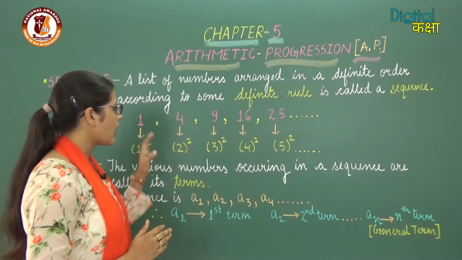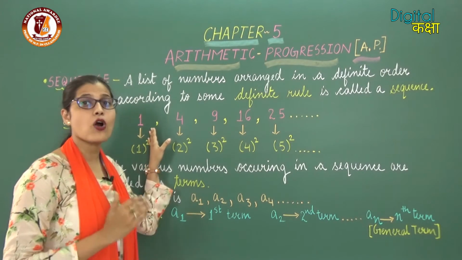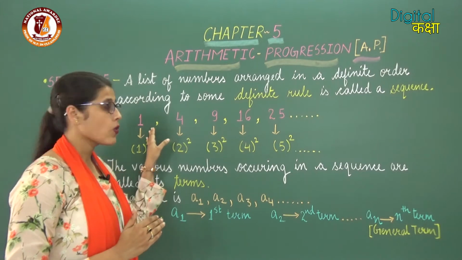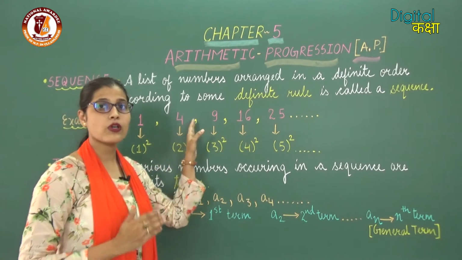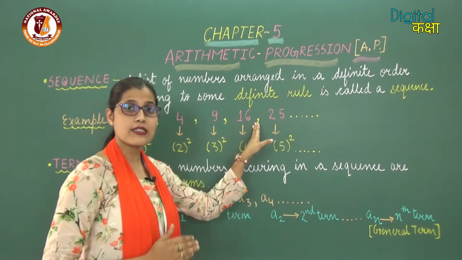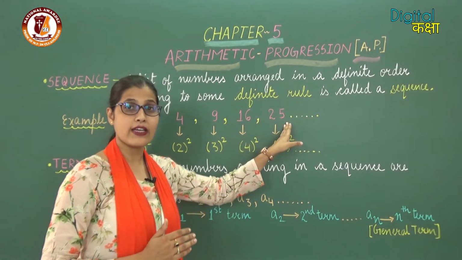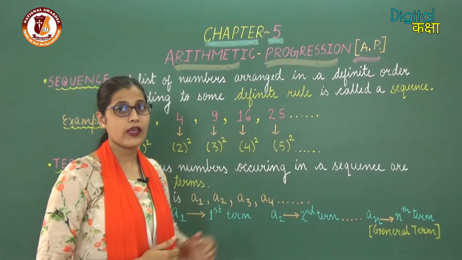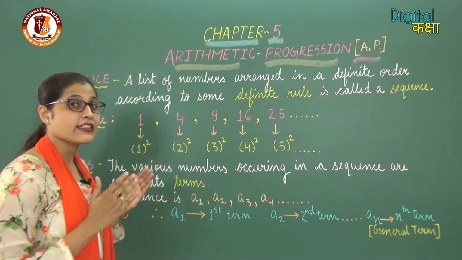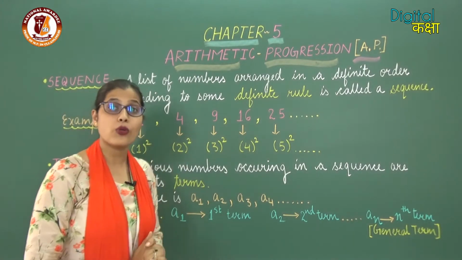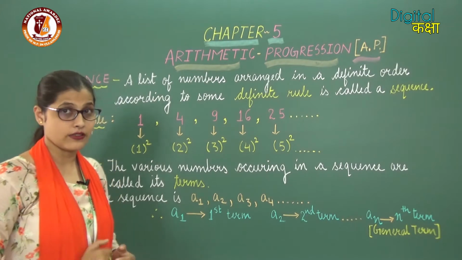Here I have written a sequence on the board. It is 1, 4, 9, 16, 25 and so on. Now you can see that this sequence is following a definite pattern.